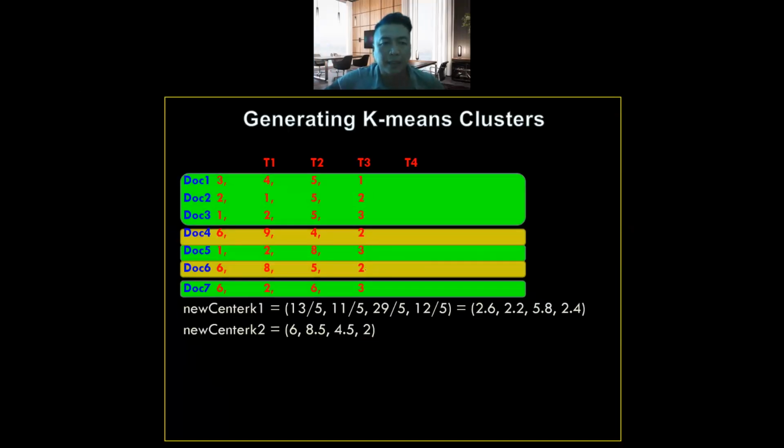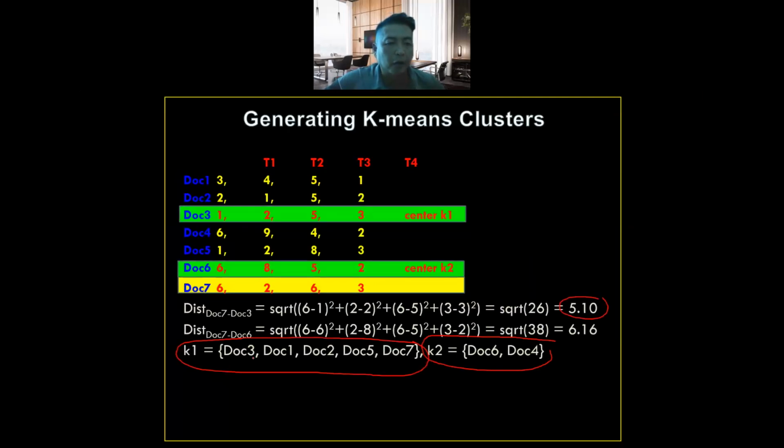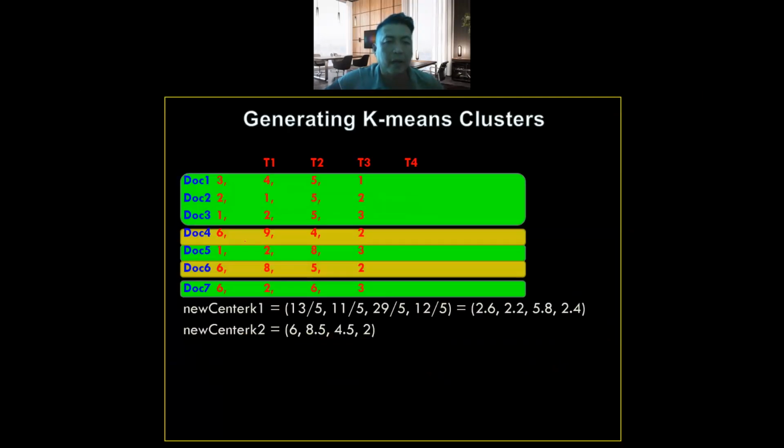When we describe the cluster here, we have documents 1, 2, 3, 5, 7 belonging to the same cluster. So the new center will be the average of all these, term 1 up to term 4. I add up 3 plus 2 plus 1, which is 6, plus 1 again, and then plus 6. So 13 divided by 5, because we have 5 records.